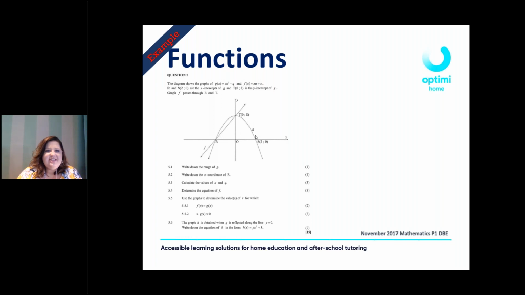So Christelle asked if there are easier methods to do functions. The easiest method that we have done is the table method in our previous webinar.